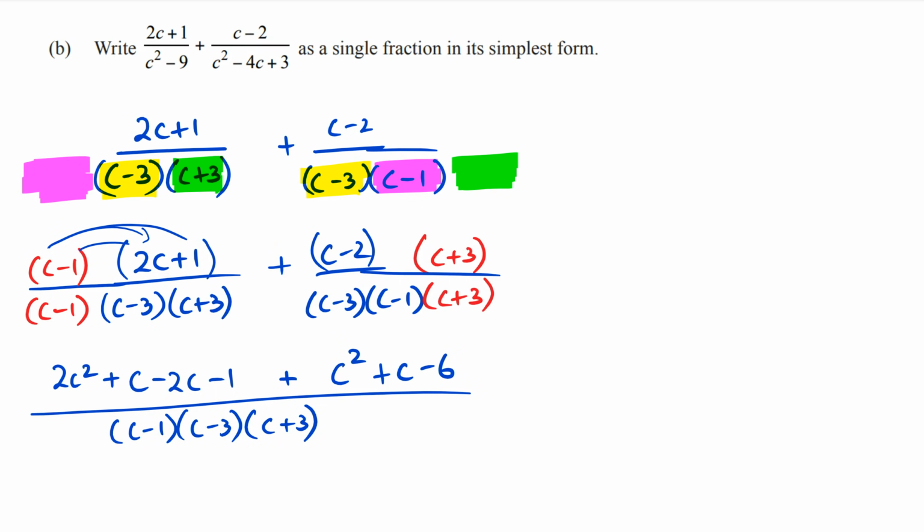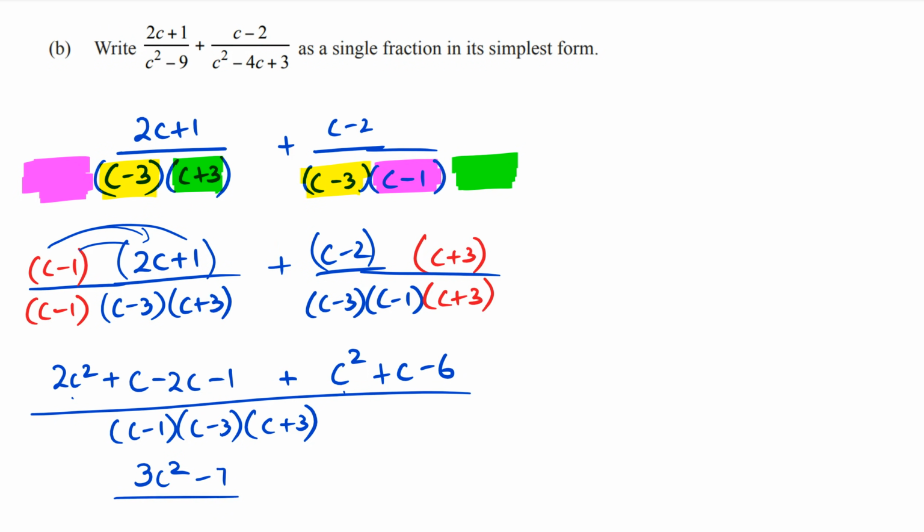Simplifying it, I've got 2c squared. Have I made a mistake somewhere? No, it's looking good so far. 2c squared and c squared, that's 3c squared. The c's, I've got c minus 2c, and then plus c becomes 0. Negative 1 and minus 6 becomes negative 7.